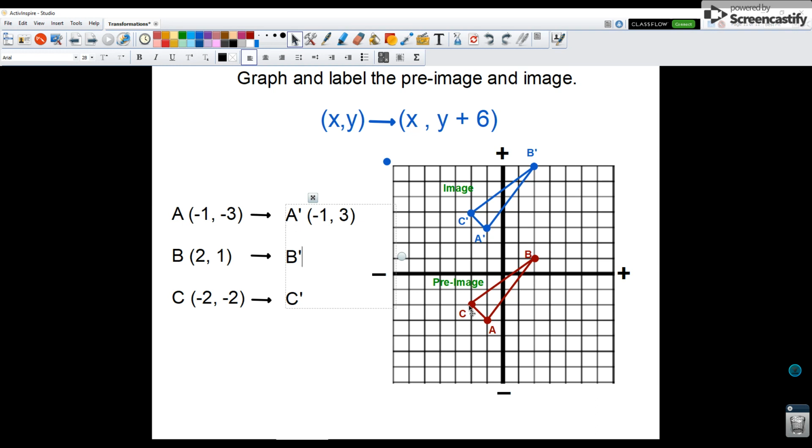Now if we're looking at B prime, again, the x is not affected, so it remains 2. But 1 plus 6 brings that value to a 7. And for my C prime, we can see that the x, again, does not get affected. However, my y value goes from a negative 2 plus 6, which brings me to (-2, 4).